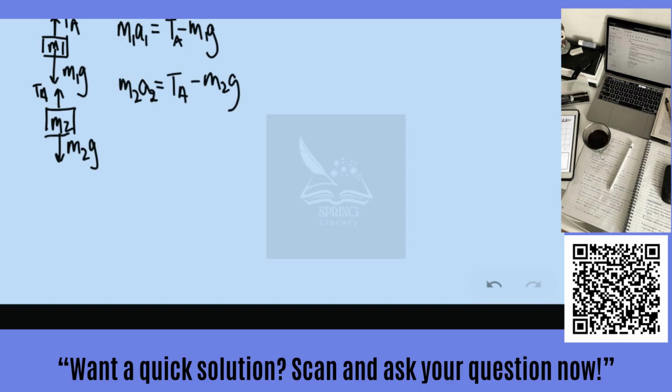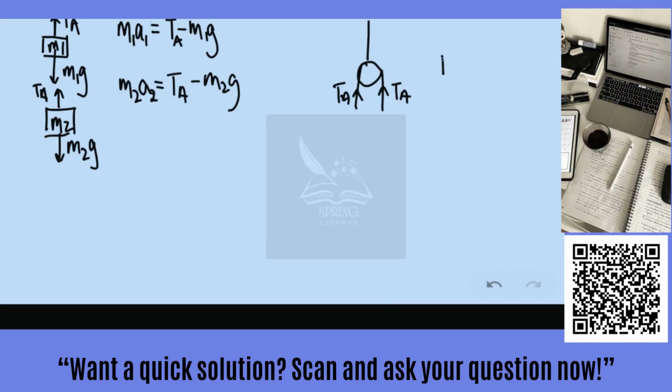We're gonna do this for our M3 as well. But remember, our M3 is connected by two of the ropes. Right, so there's actually two tension forces over here, TA, TA.